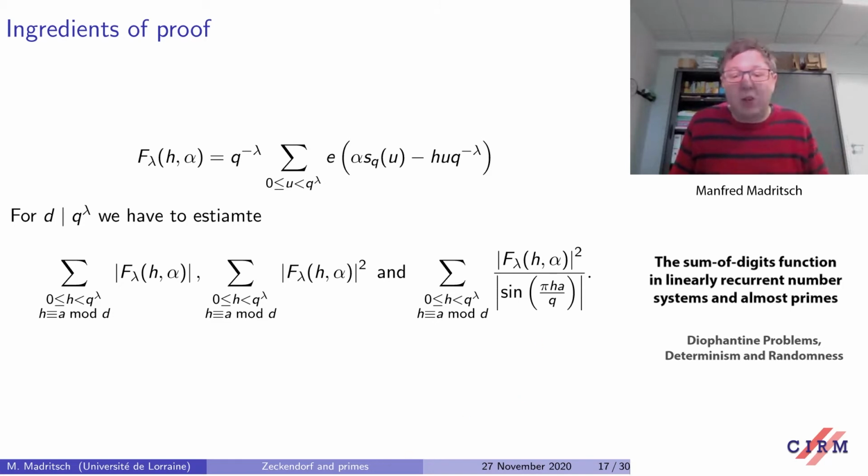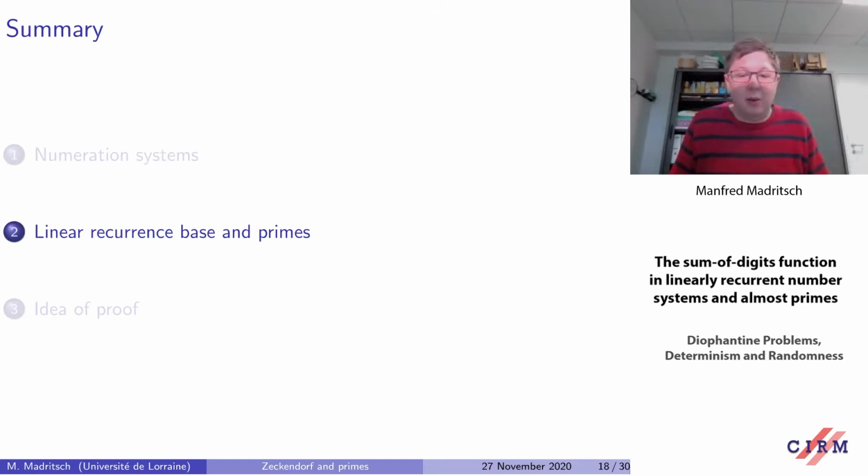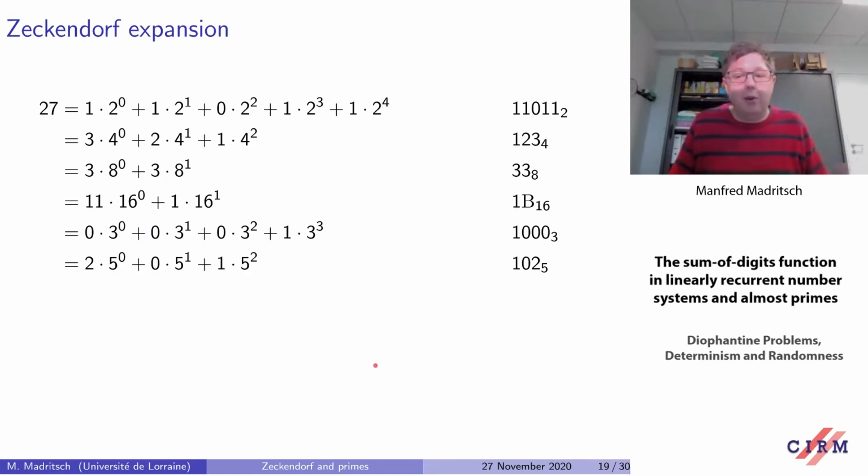And now let's switch to linear recurrent bases, and their relation with prime numbers. If you look at the beginning, we had 27, and we had the different representations, and we always used powers of 2, of 4, 8, and so on. And can we use another sequence?